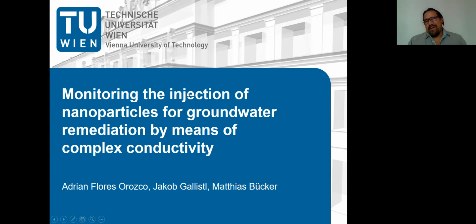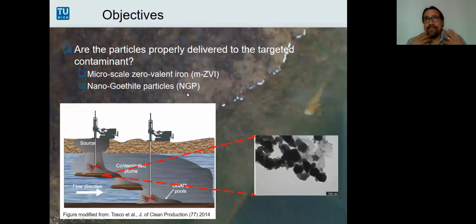Well, the use of nanoparticles promises a faster degradation of contaminants, and in particular the ability to directly inject the degradation agent into the contaminant plume. So I'm not going to talk so much about the degradation of the contaminant, but actually go a little bit provocative and say, okay, are we sure that we are delivering our remediation agent directly to the target?